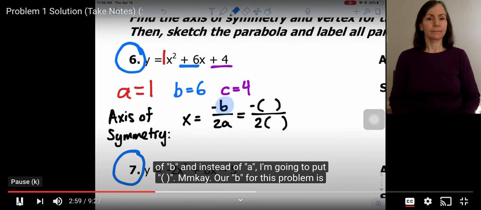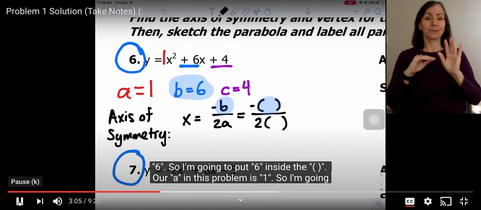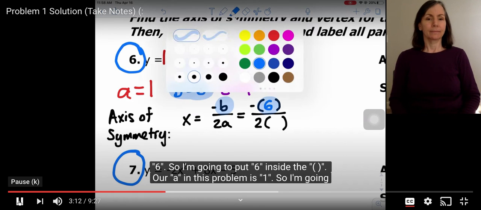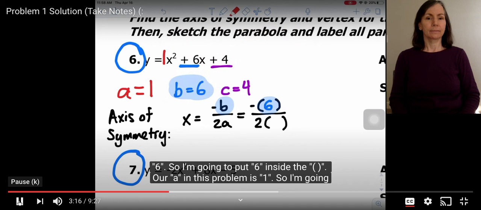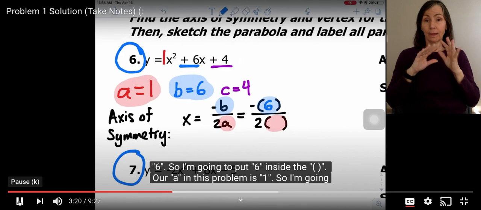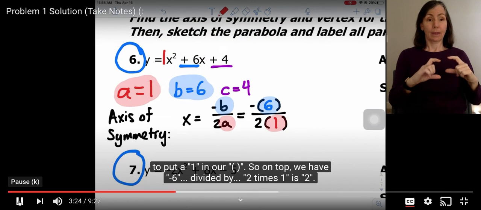Our b for this problem is 6. So I'm going to put 6 inside of the parentheses. Our a in this problem is 1. So I'm going to put a 1 in our parentheses.